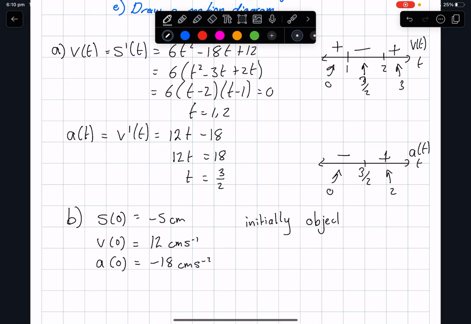So initially, the object is 5 centimeters left of the origin because it's negative.